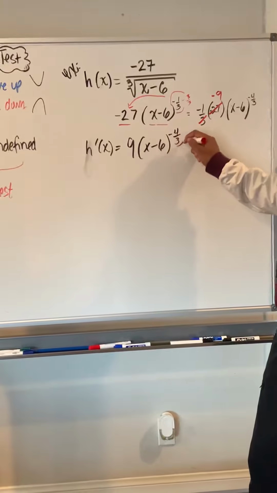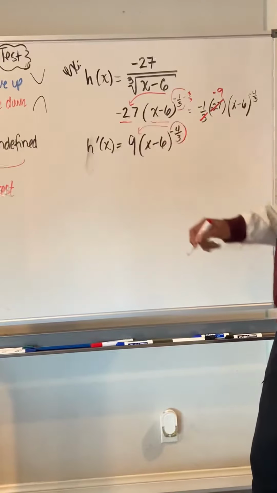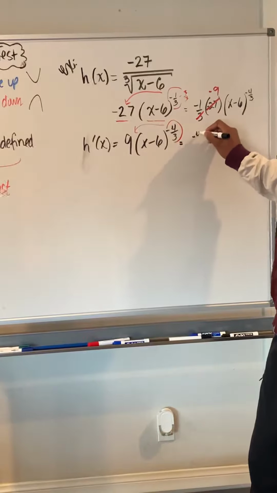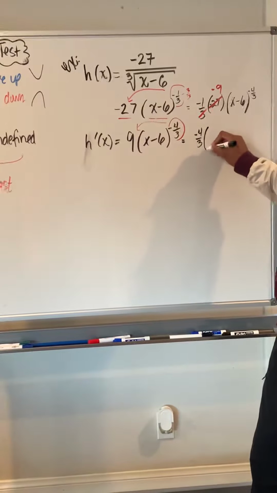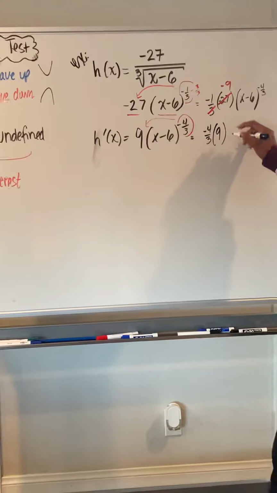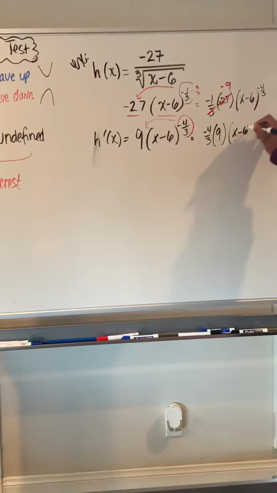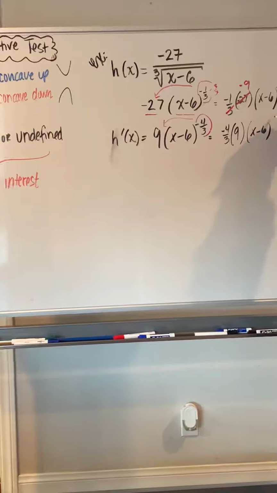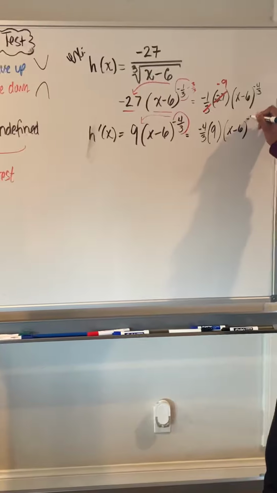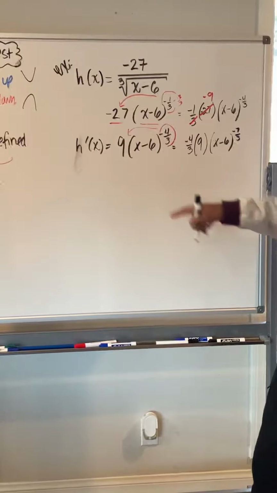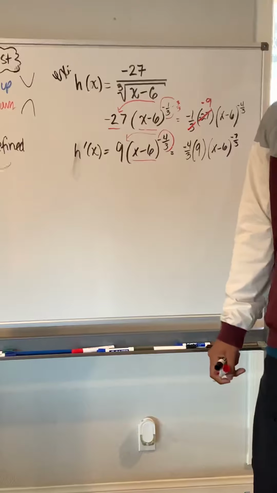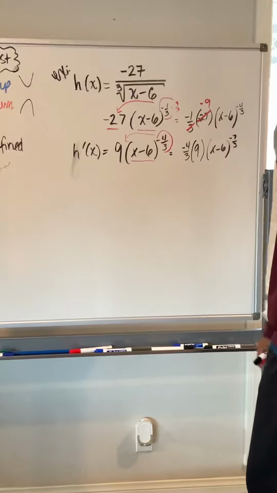The derivative of the outside, I'm going to multiply that right there. So it's going to be negative 4/3 times 9 times x minus 6. I'm going to subtract 3 over 3. So it's going to make it negative 7 over 3. And again, multiply it by the derivative of the inside, which is just 1 or uno.